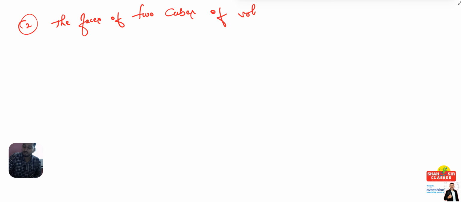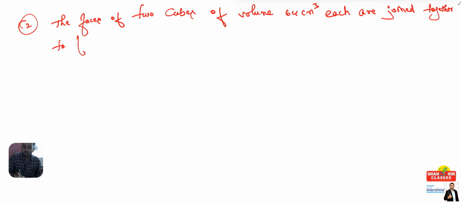Fine. Take down. The faces of two cubes of volume 64 centimeter cube each are joined together to form a cuboid.